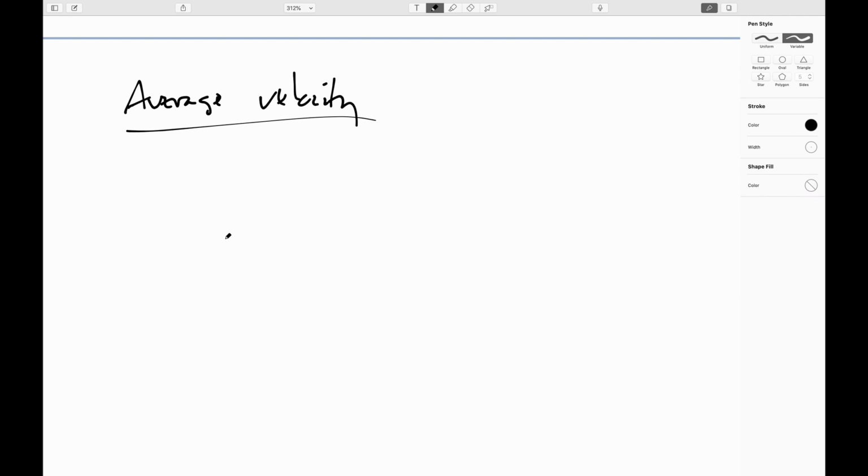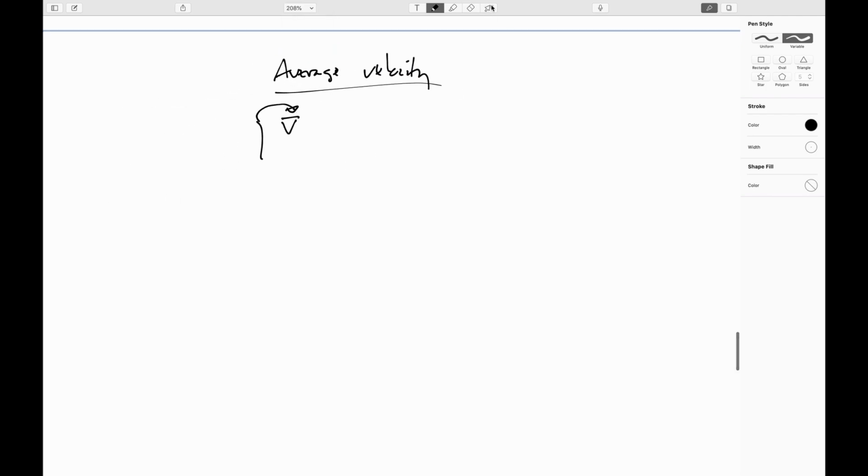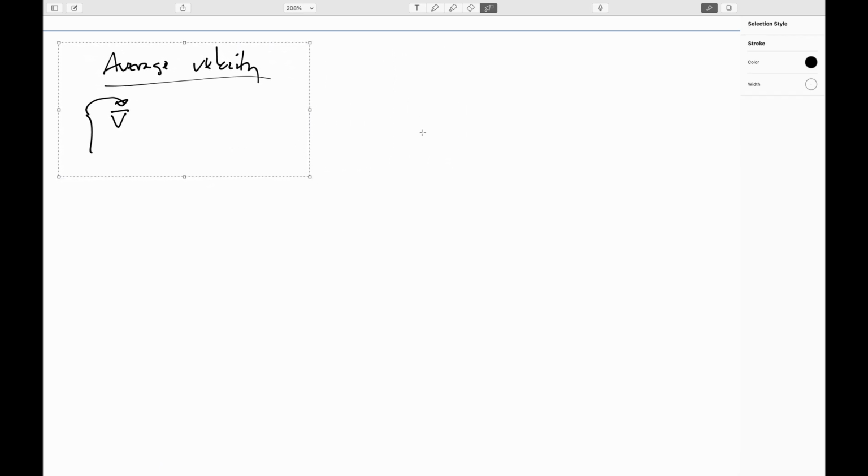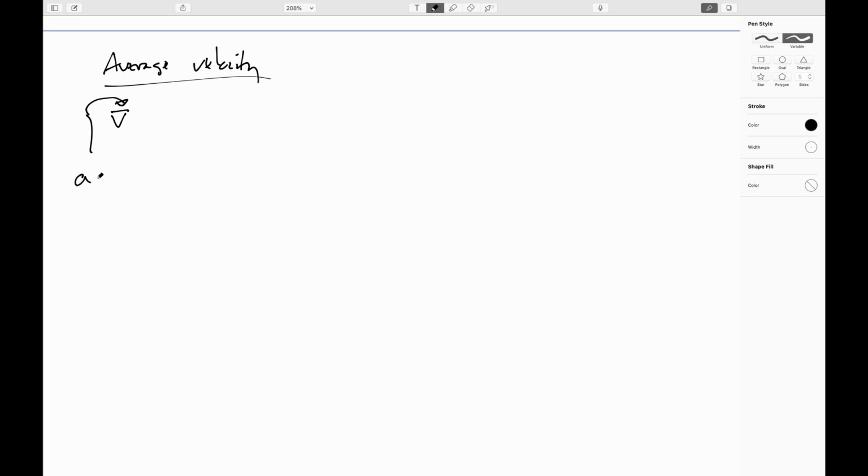There we go. Our average, so we would write this as V bar. Whenever you see a bar, this should be read as meaning an average value of the thing.